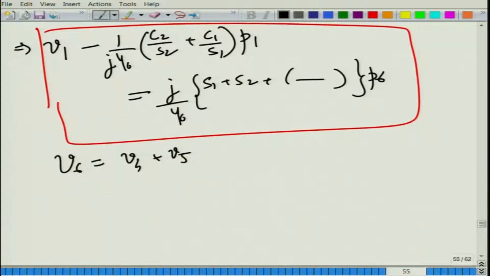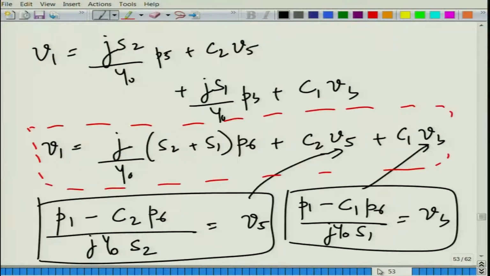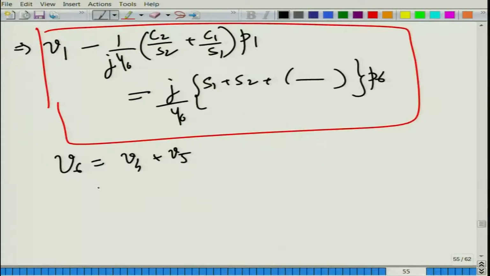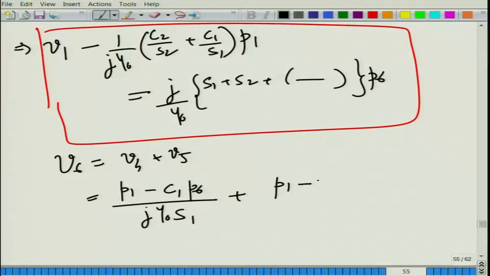Although it is going to be quite messy, we are going to go to Maple and get our stuff done. Once we substitute these into this equation and this equation, what are we going to get? After a bit of simplification, let me just write it down: P6 will be j y naught S1, and this will be P1 minus C2 times P6 by j y naught S2.